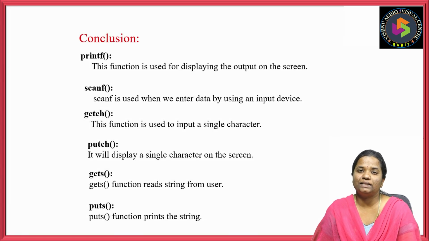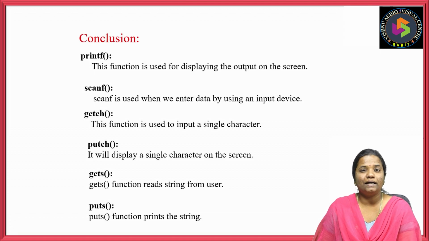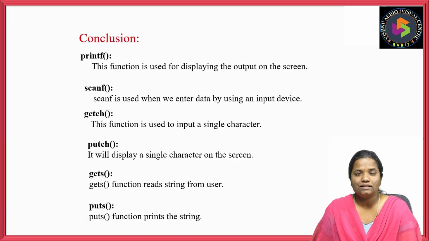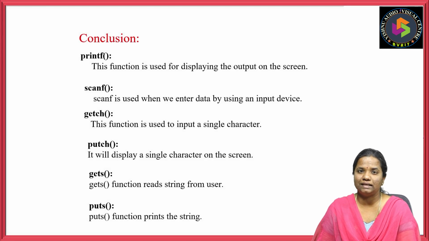After that, the gets and puts functions are used to read a string from the input device and write a string on the screen. These are the main standard functions available in the C language to write our program in a formatted manner.